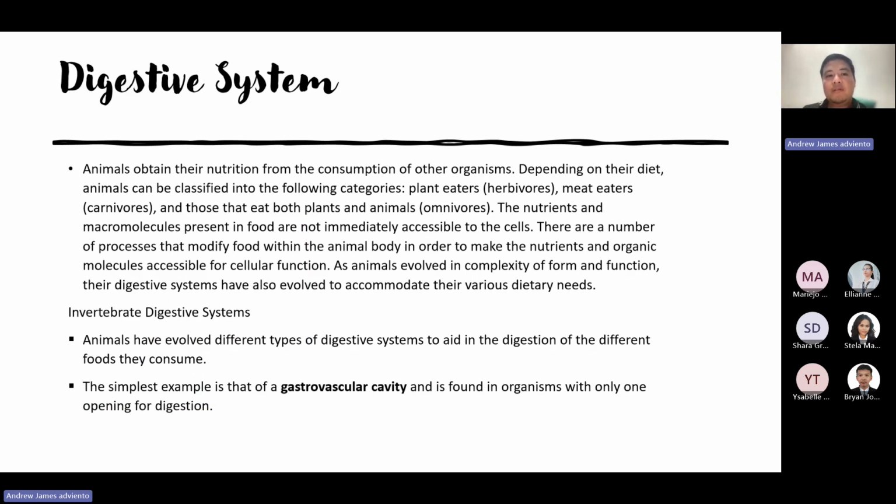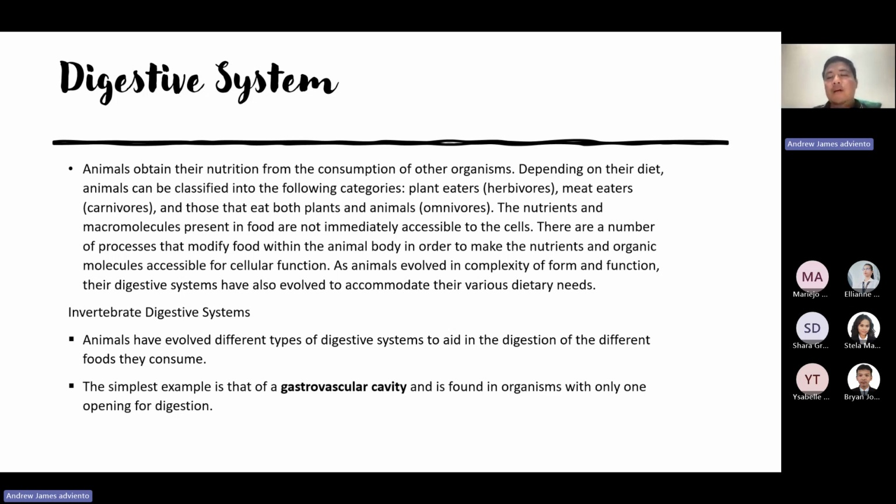All organisms, like for example animals, we have our own way to digest or process our food. When we say digest, this is when we process all the raw materials that we are ingesting. Lahat ng kinakain natin, pinaprocess natin inside of us. And the system that is in charge of that is the digestive system. We are actually classified into the following categories based on how we consume.